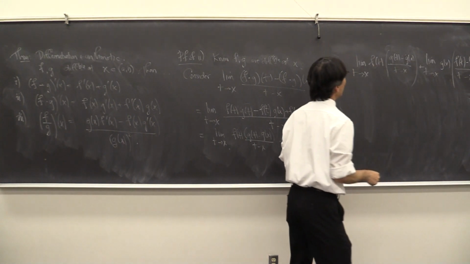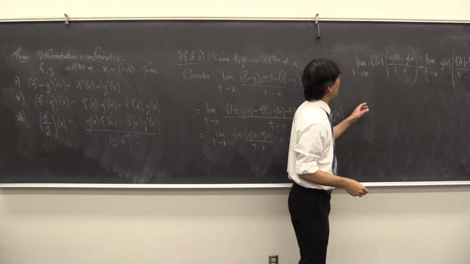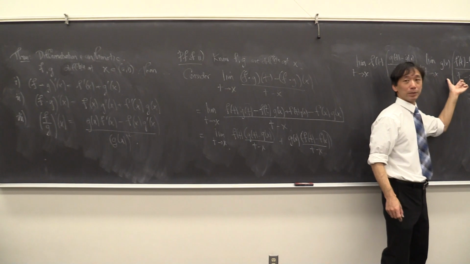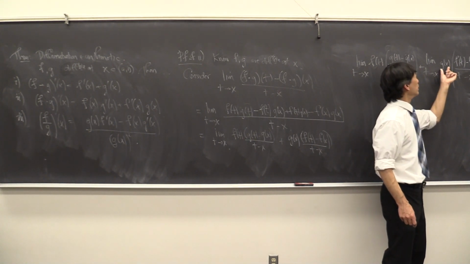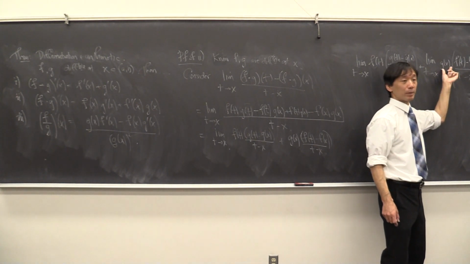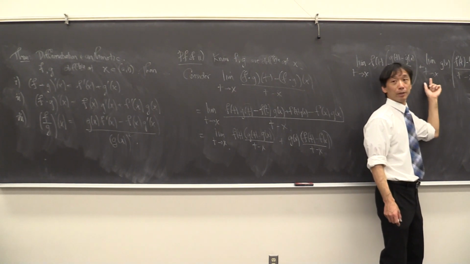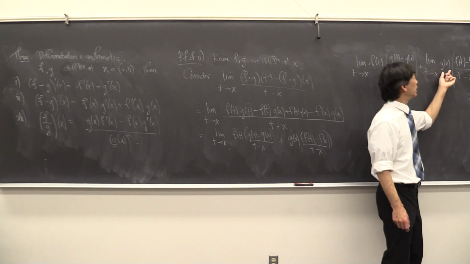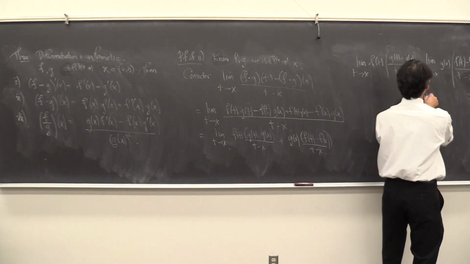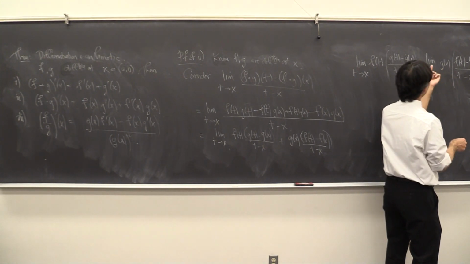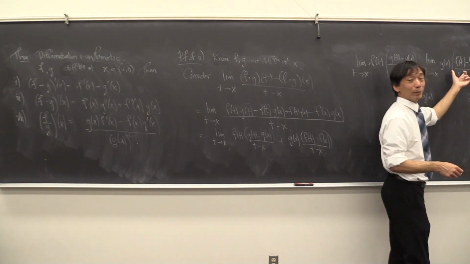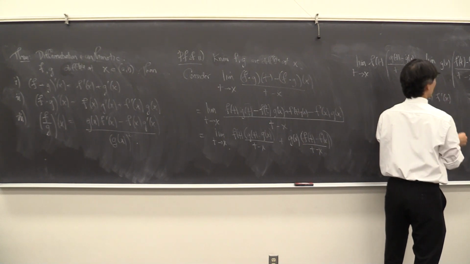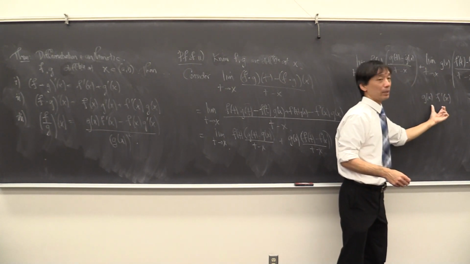If we look at those things, what happens to them? Let's look at this one first. What happens to this one? Well, g of x, our variable is t, so g of x is a constant. I can pull that constant out. You can pull constants out of limits. So what I'm left with is the limit of this thing. Well, we know what that is. That's the derivative. So this limit exists and equals this thing.